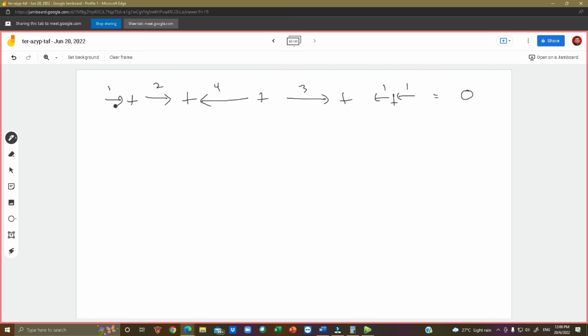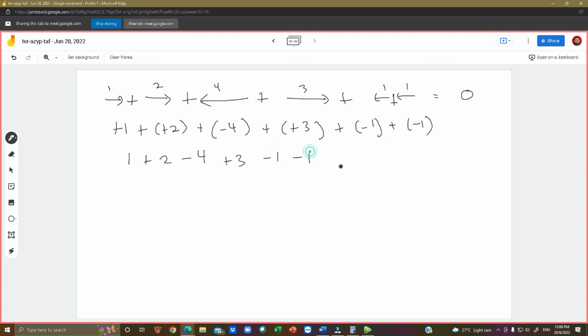Okay, we do that in mathematical equation. Plus 1 plus 2 plus negative 4 plus positive 3 plus negative 1 plus negative 1. Okay, kita dapat apa? 1 tambah 2 tolak 4 tambah 3 tolak 1 tolak 1. 1 tambah 2, 3.